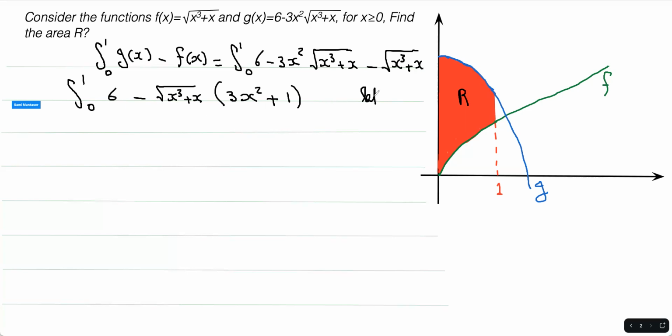Let u be x cubed plus x, then du would equal 3x squared plus 1 dx.